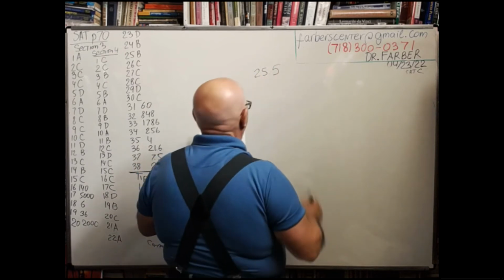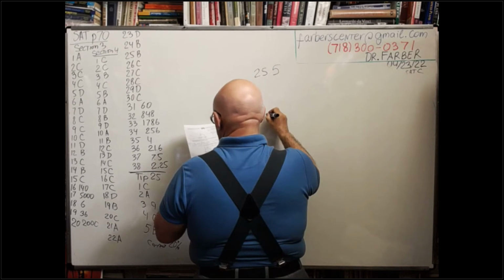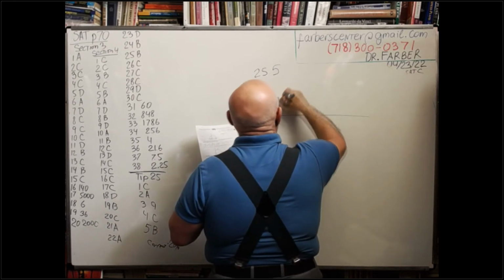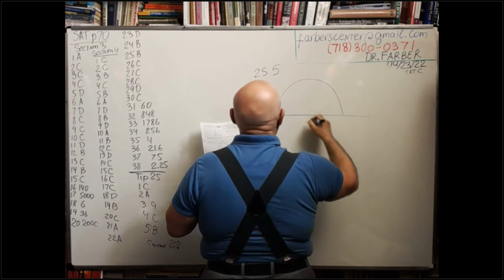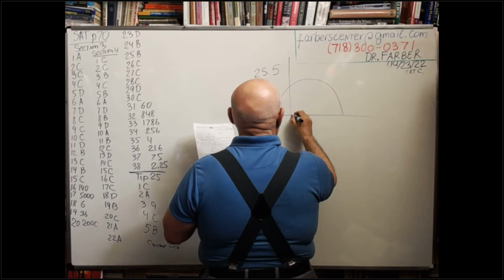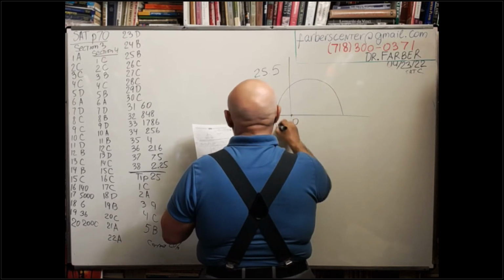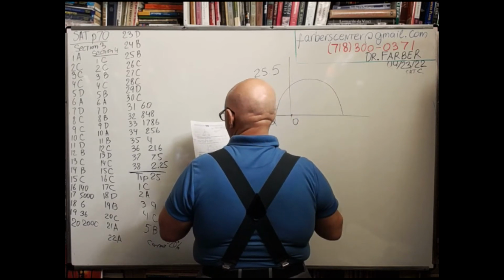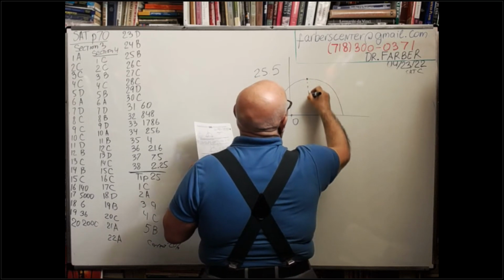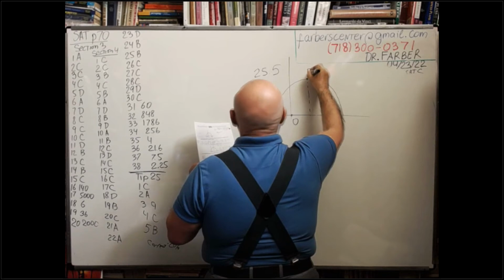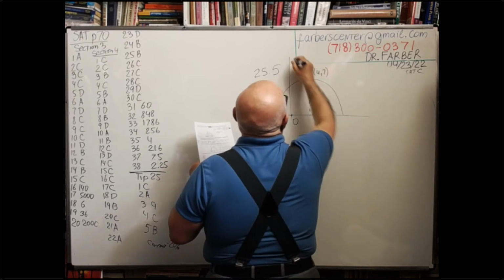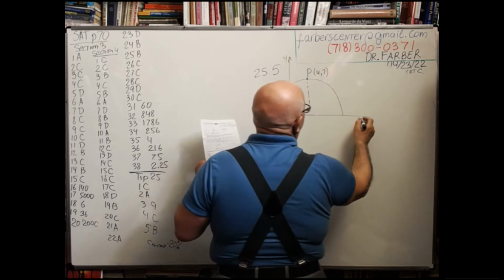Let's make a picture for 5. Okay, we have a semicircle. We have Cartesian coordinates. And this is O. This is Q. And this is the vertex, P, which is (4, 7). This is Y, this is X.